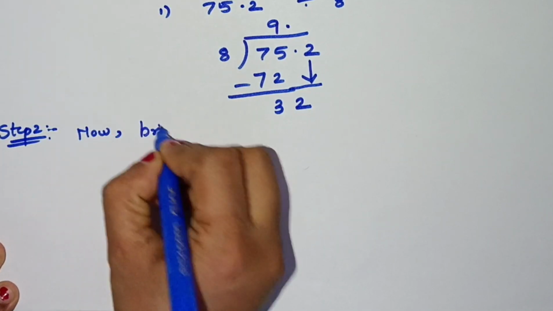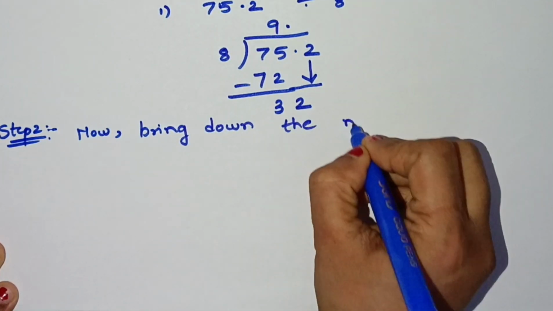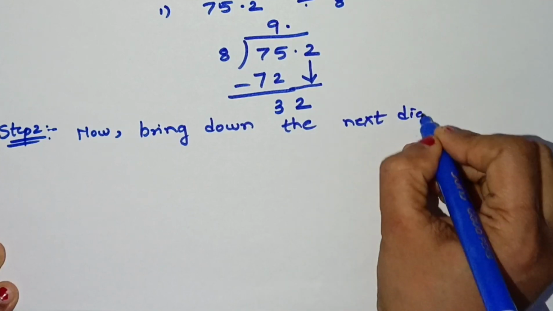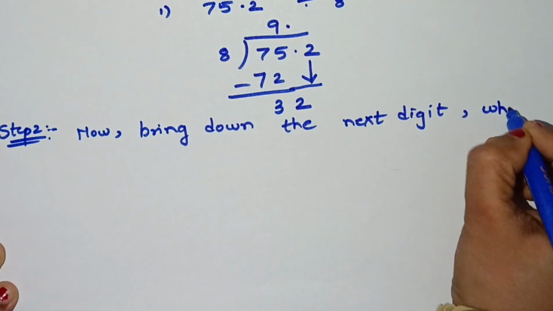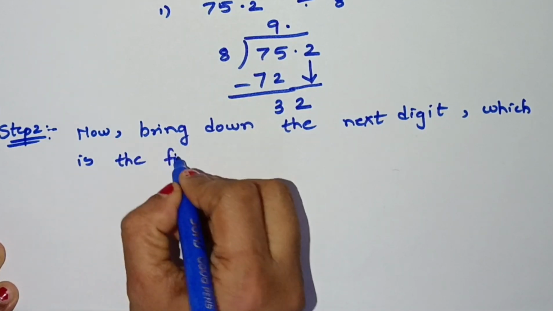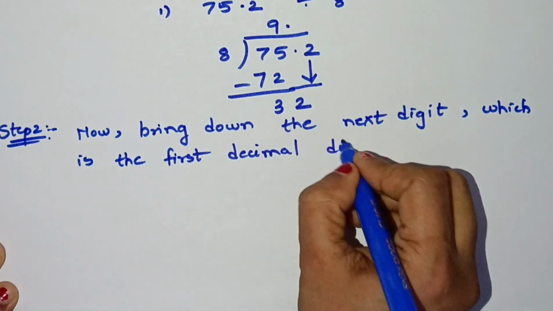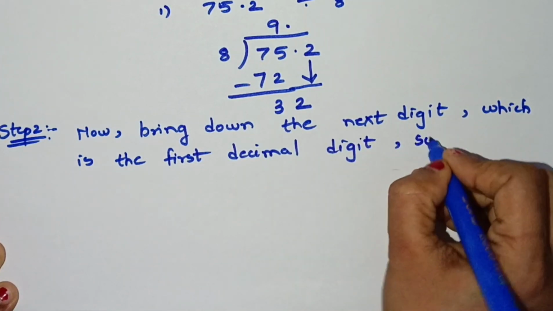Now bring down the next digit. Which is the next digit? It is the first decimal digit.